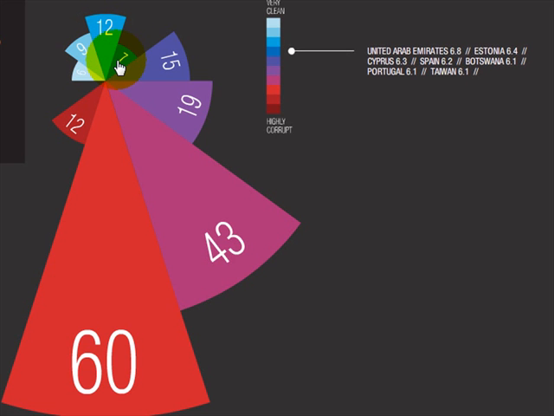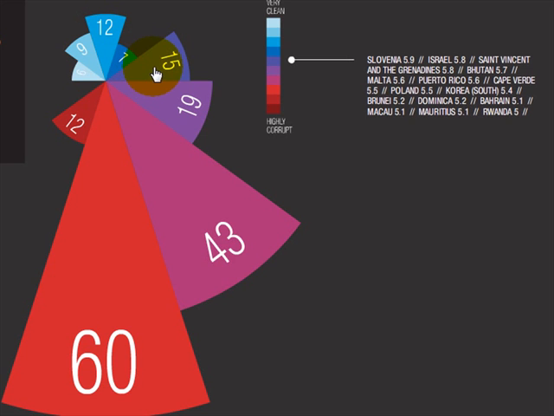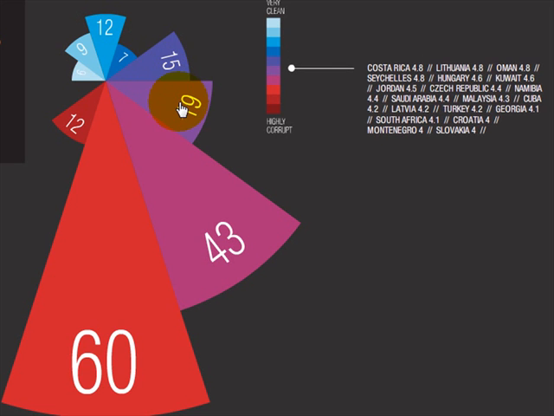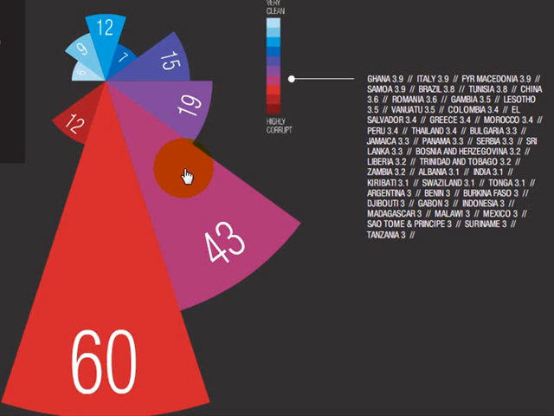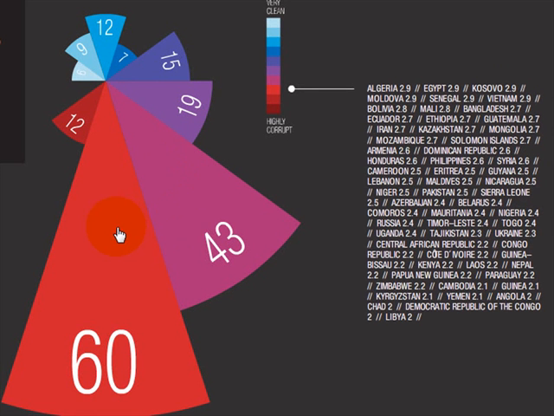But as you go down, look at this. The countries are getting increasingly more corrupt. And look at that giant 60 that we're heading toward. There's 60 nations who fit into this category from 2.9 to 2.